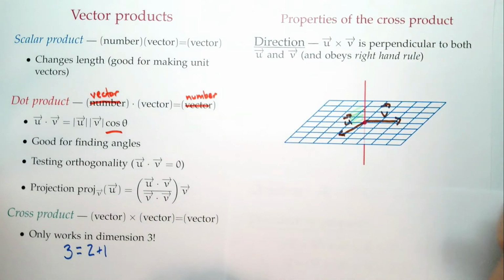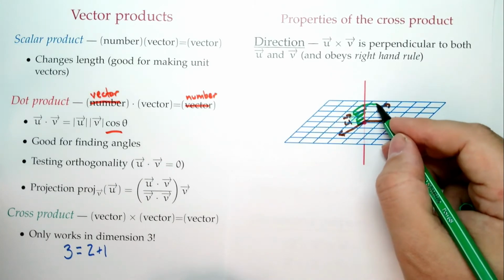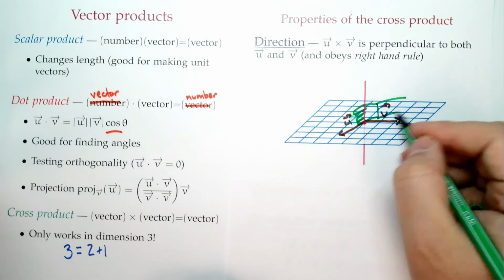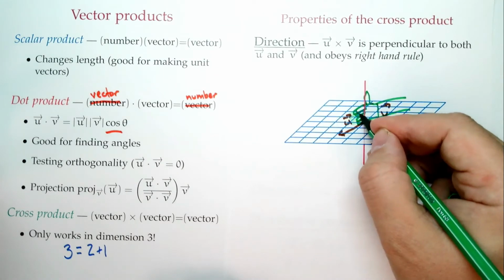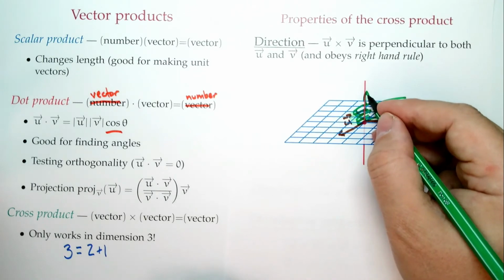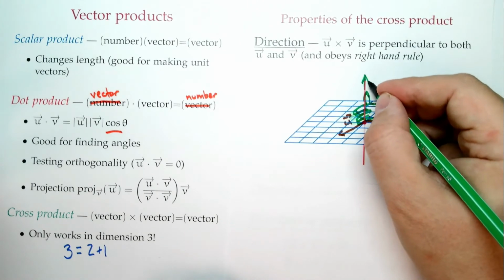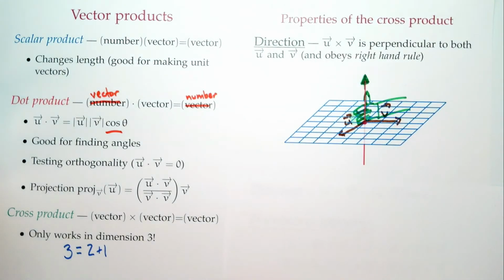All right, so again, here's the fingers. Over here, we have the rest of the hand and going back that way, and then you have the thumb. And so when you close your fingers in to make a fist, the thumb points in this direction, and in particular, it says that is the right direction of U and V. Okay, so that's the right hand rule.